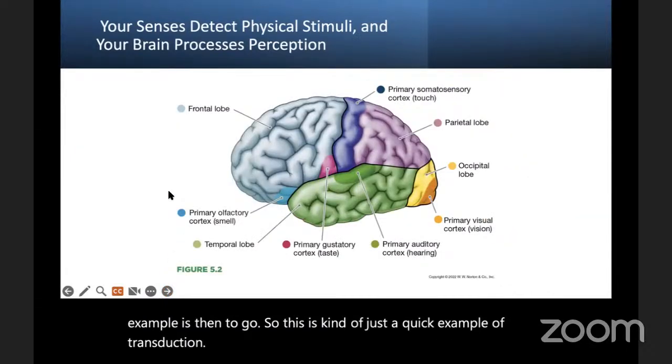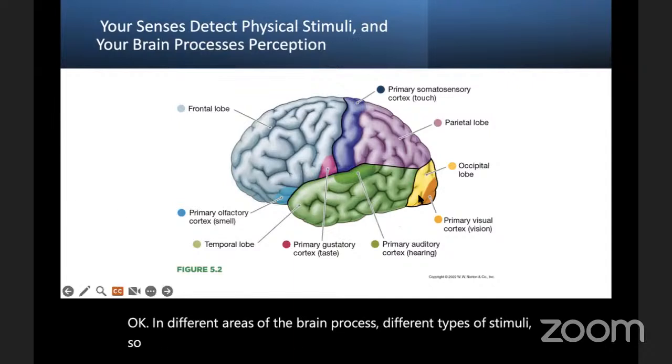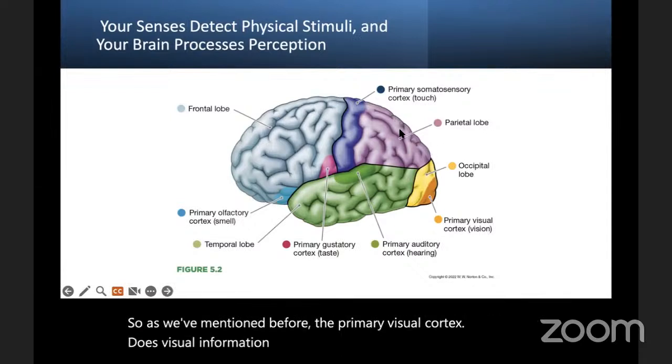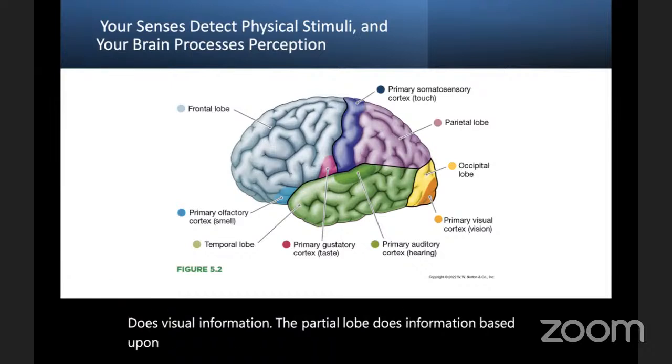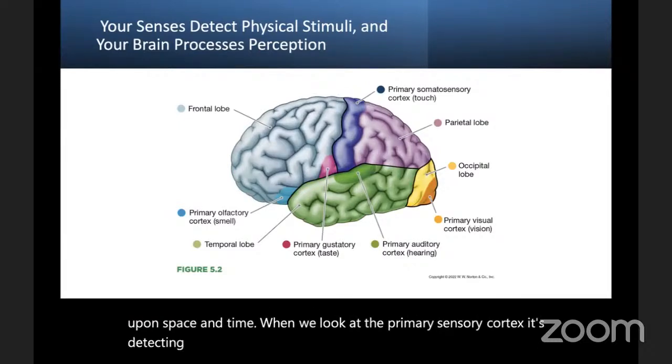Okay. And different areas of the brain process different types of stimuli. So as we've mentioned before, the primary visual cortex does visual information. The parietal lobe does information based upon space and time. When we look at the primary sensory cortex, it's detecting sensations within the body.